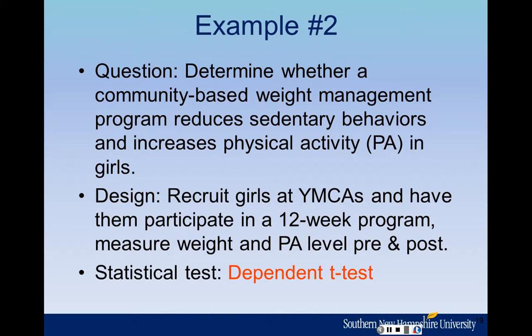The hours spent being sedentary being compared baseline to 12 weeks, 2 time points, the same people being measured and remeasured. It's another dependent t-test. So for every outcome variable that you measure in the study, and you're comparing baseline to 12 weeks, that is a dependent t-test.